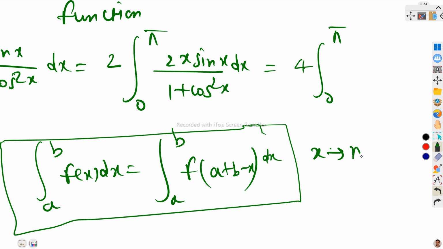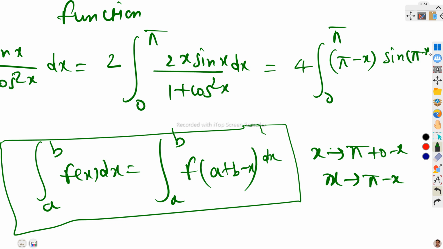We replace x by pi minus x, since 0 plus pi minus x. So in place of x we write pi minus x, and this is sine of (pi minus x) upon 1 plus cos² of (pi minus x), dx.